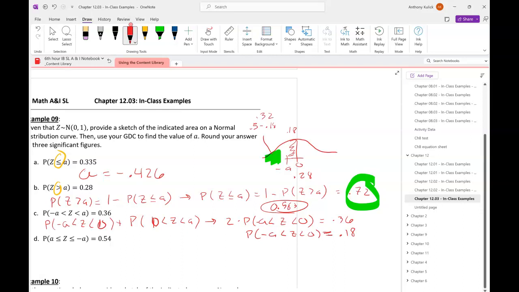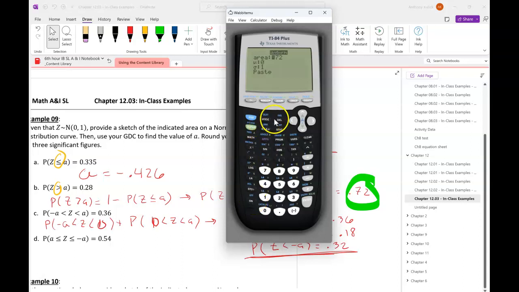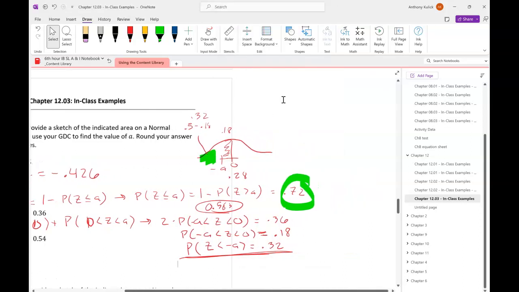So 0.32. And that's now something I can inverse norm on my calculator. So negative 4.68.